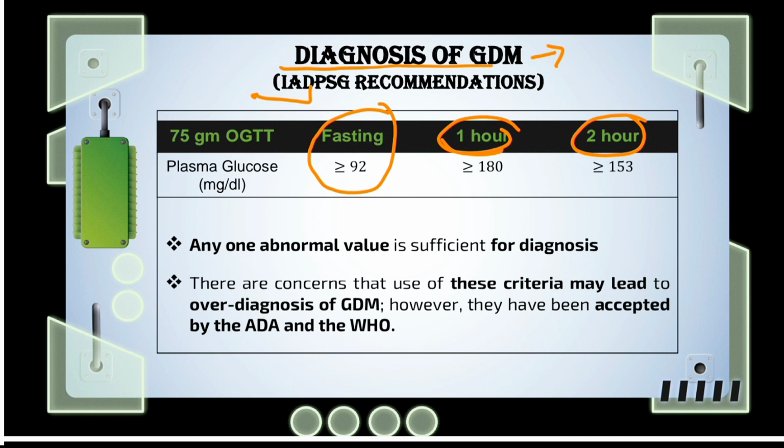If any one value is abnormal, then it is sufficient for the diagnosis of gestational diabetes mellitus, and these are the levels or parameters for the diagnosis of gestational diabetes.